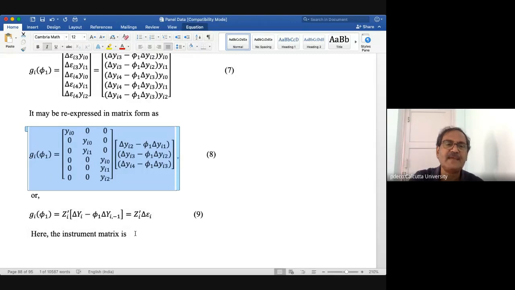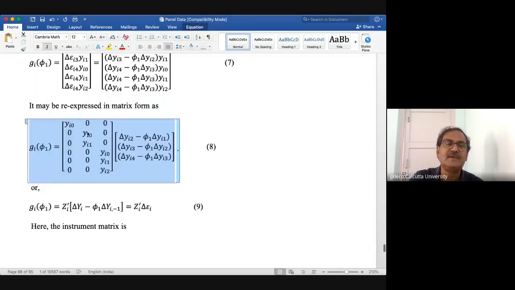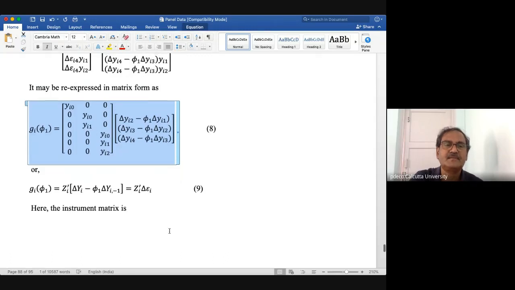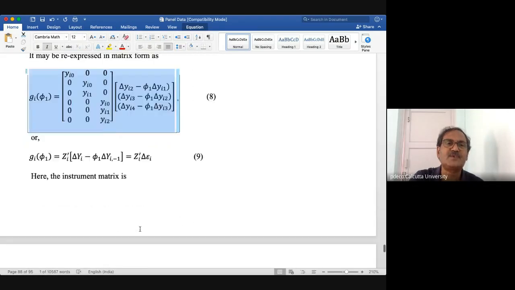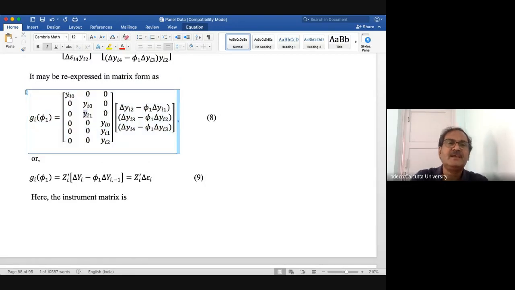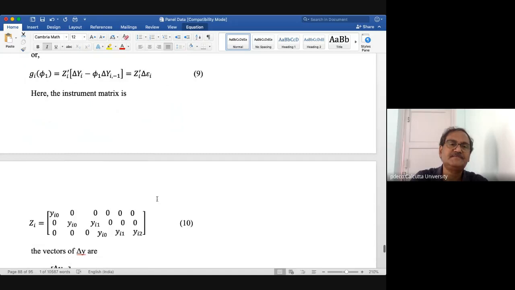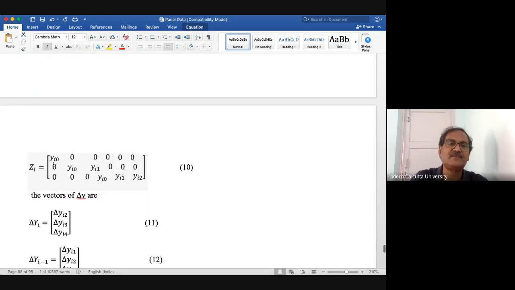What is z prime? Z prime is the transpose of this matrix. If you take the transpose of this matrix, you will get z prime. So Z is equal to this, just take the transpose.